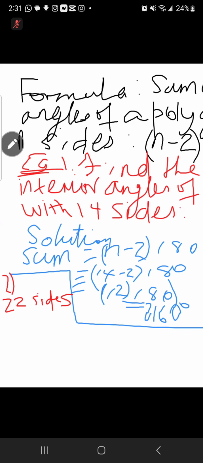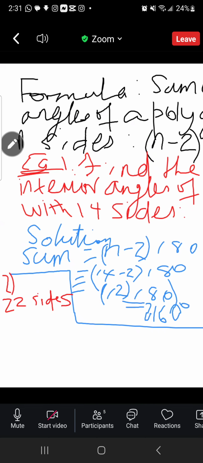So the polygon has 22 sides. What would be the sum of the interior angles?